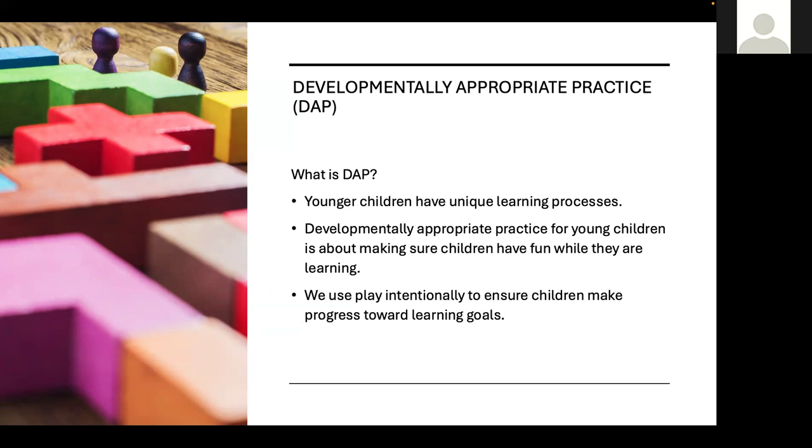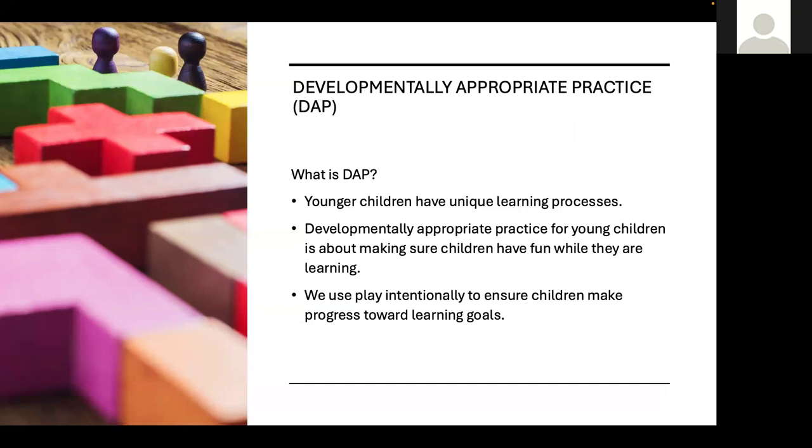For young children, they have a very unique approach to their learning. A child may be more of an auditory learner or a visual learner or kinesthetic, or movement, or any combination of those, but just keep in mind that they do have unique learning processes for their younger ages.